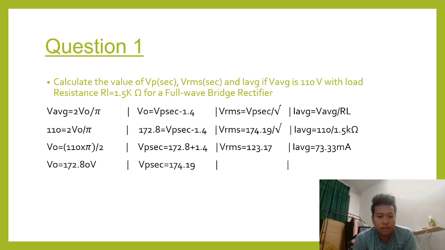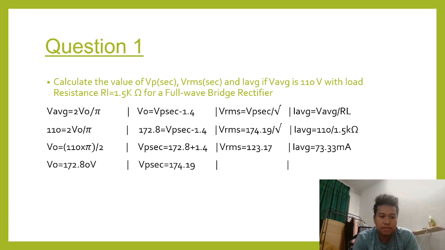So continuing to the equations, VP secondary is not given. So we need to turn the equation around to get the VP secondary. First of all, I'm going to use the V average equation.